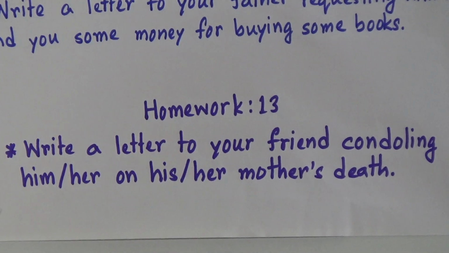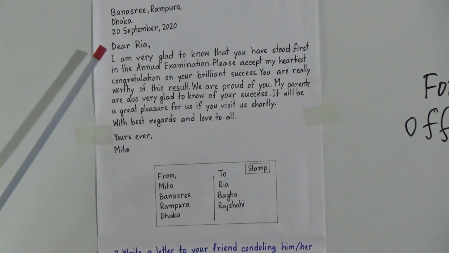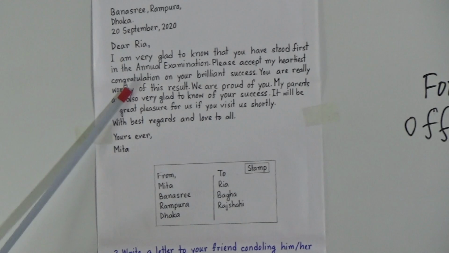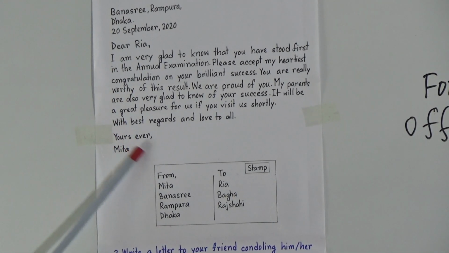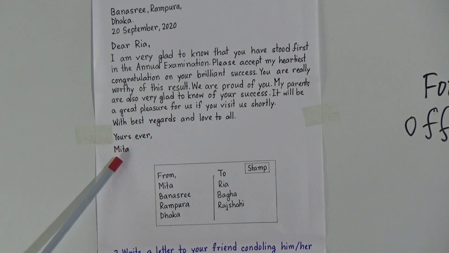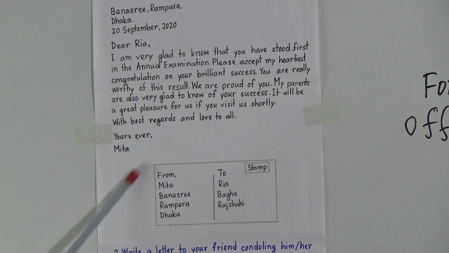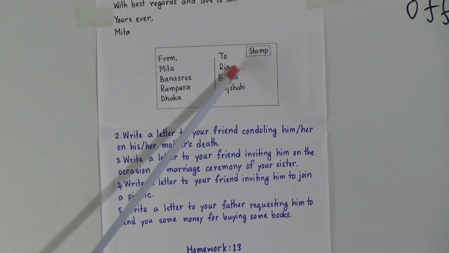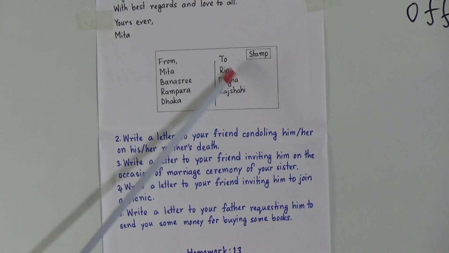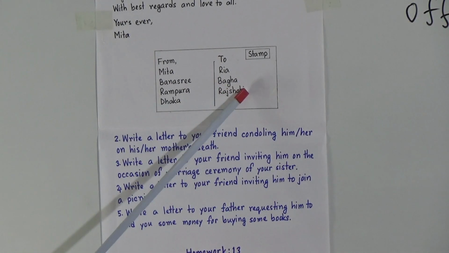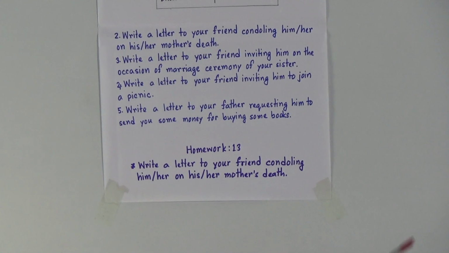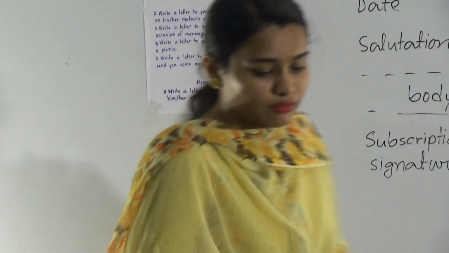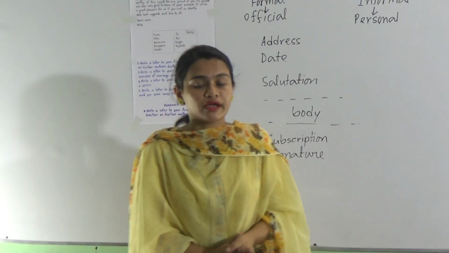That means at first you will write the address, then the date, and then the salutation, and then the body, and then the subscription will come, and then you will give your signature, and then you will draw an envelope, and on the left side of the envelope you will write your address, and on the right side of the envelope you will write the address of the person you are sending the letter to. So my dear students, I hope there will not be any confusion regarding this.